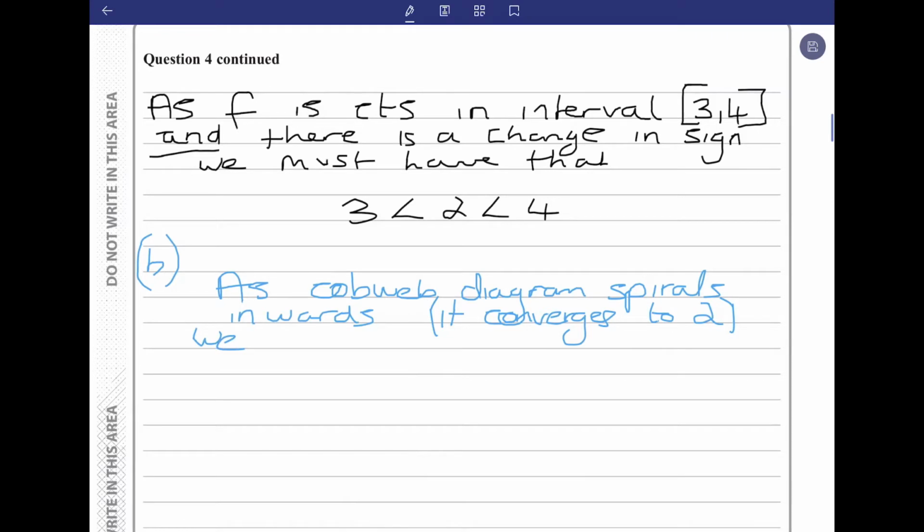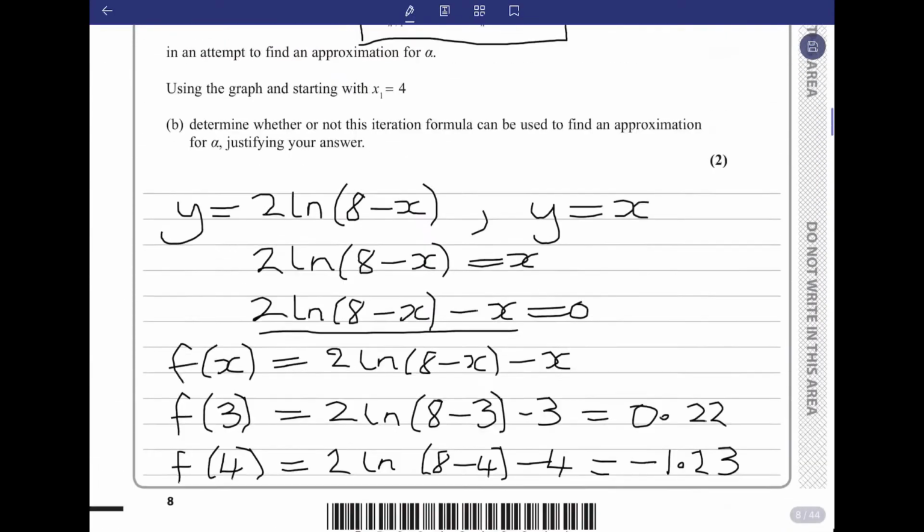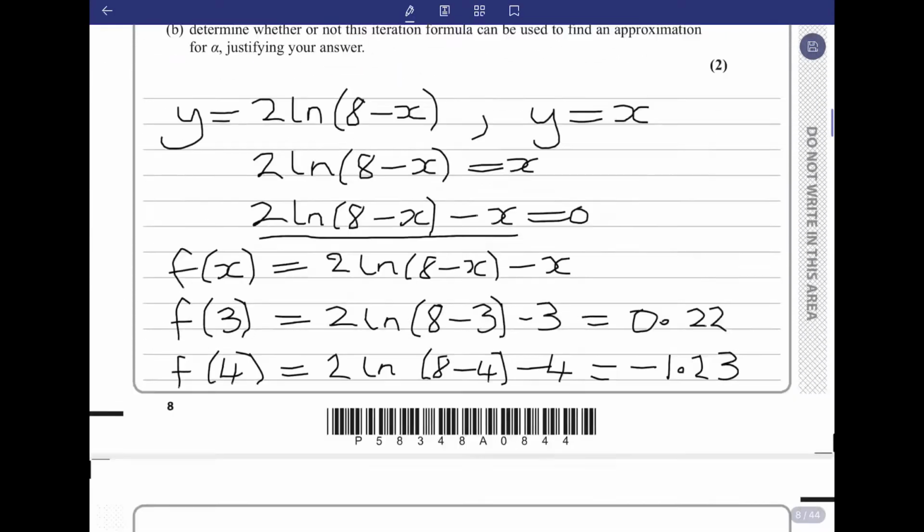This means we can use the formula to approximate alpha. So that's the answer to that question.